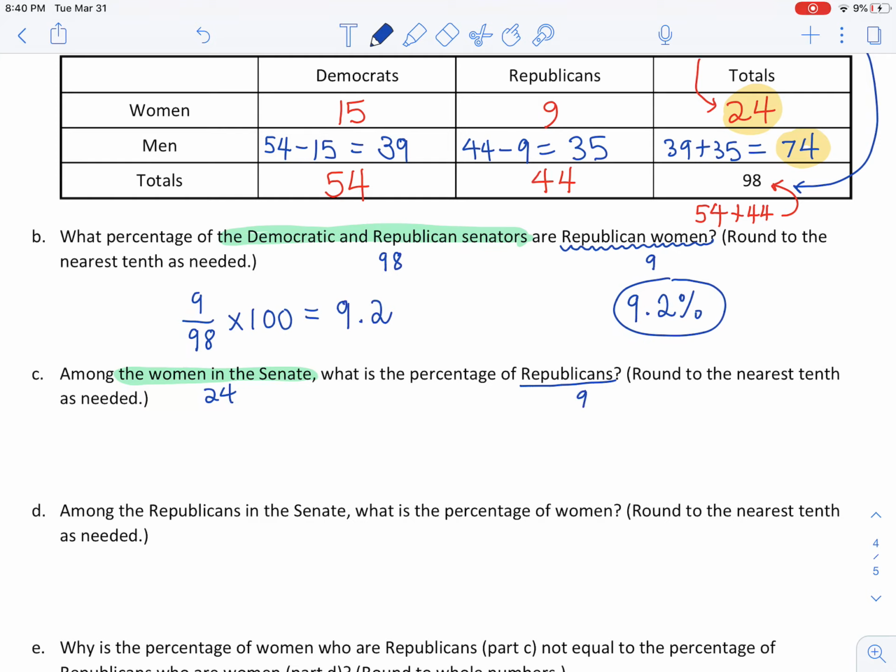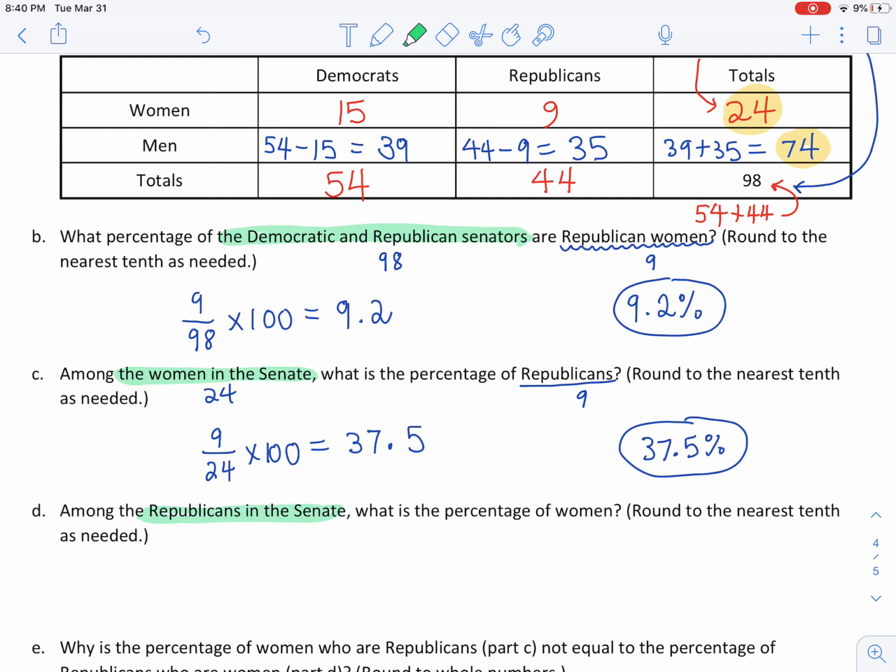So the number for the numerator is again 9 because we have 9 Republican women here. So let's try 9 divided by 24 and multiply this by 100. That's going to be 9 divided by 24 times 100. I got 37.5. So 37.5% are Republican women out of all the women in the Senate. Okay, all right.